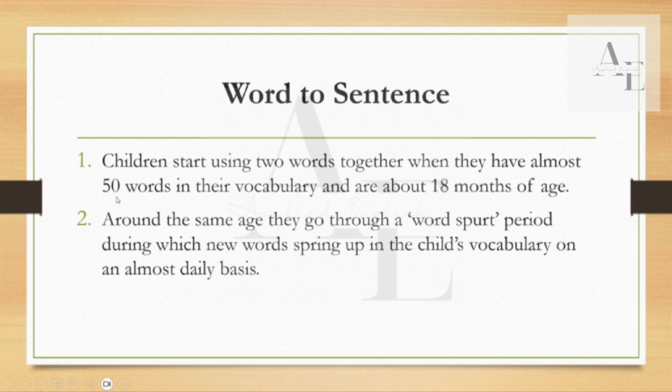Around the same age, which is 18 months, they go through a word spurt period during which new words spring up in the child's vocabulary on an almost daily basis. So children start learning new words almost every day.